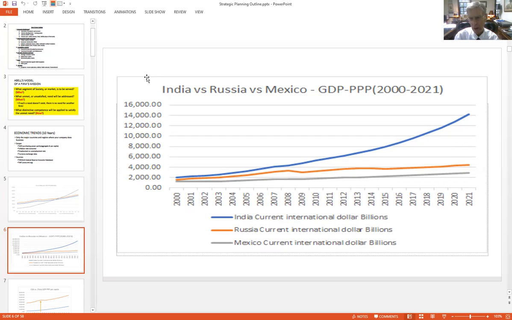So whatever the reason, and there are many, India's economy is, if we were to put this on a graph with the US, Europe, and Russia, we would see that it's still way down near the bottom of the chart.